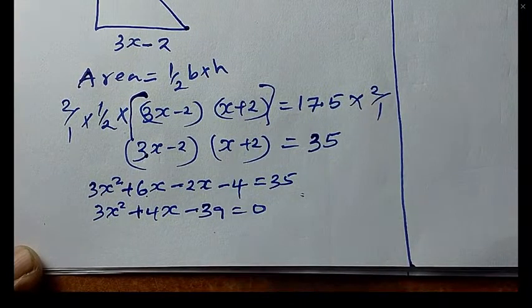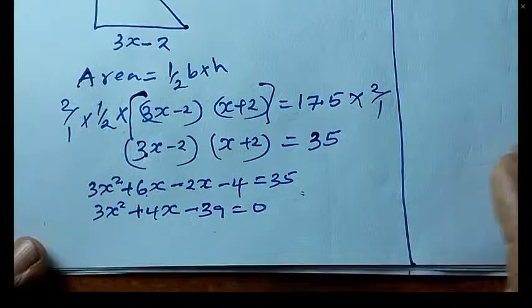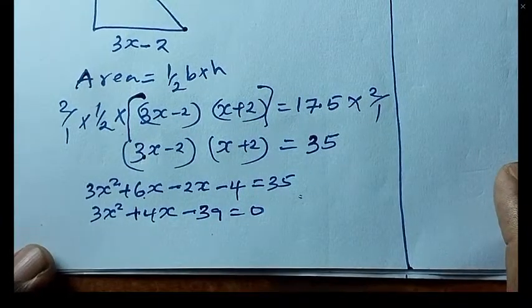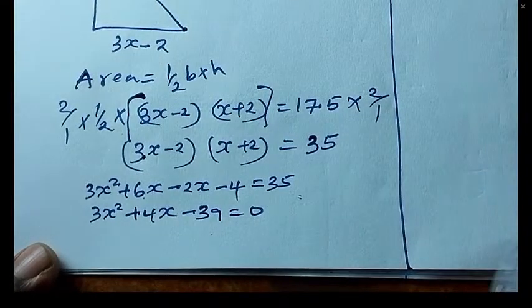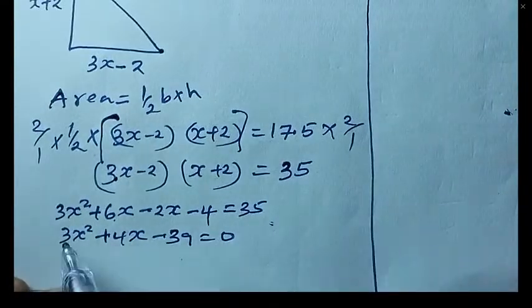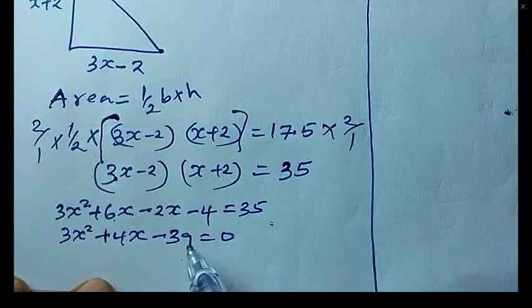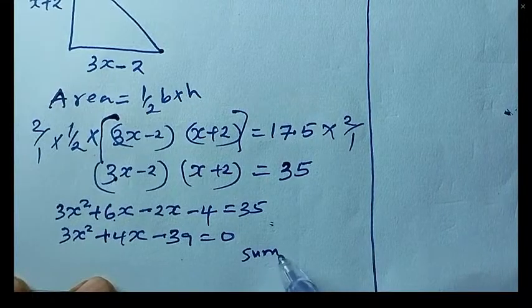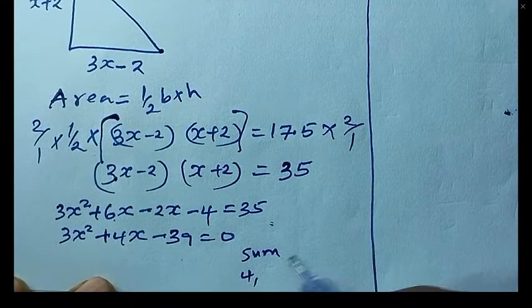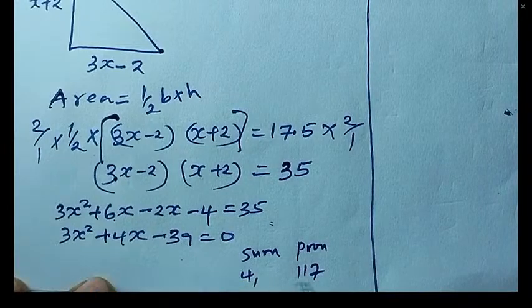I have brought this here. Right? Now you can look for two numbers which when you multiply give this times this, 117. The sum is 4. Product is negative 117.